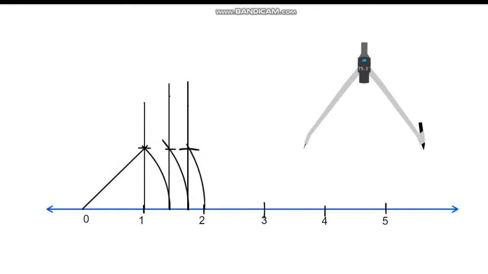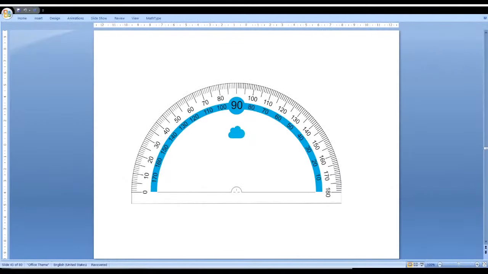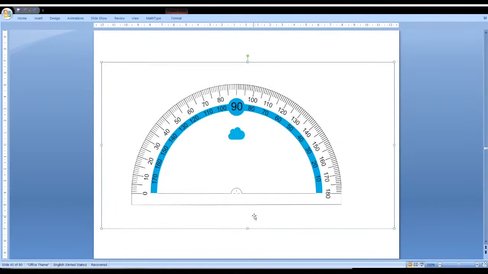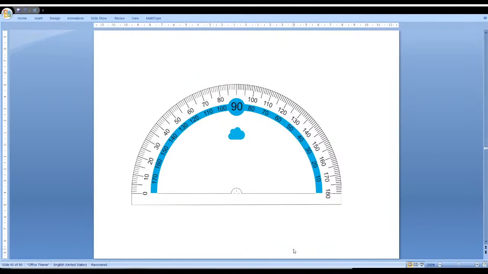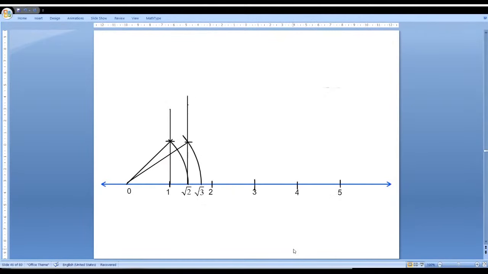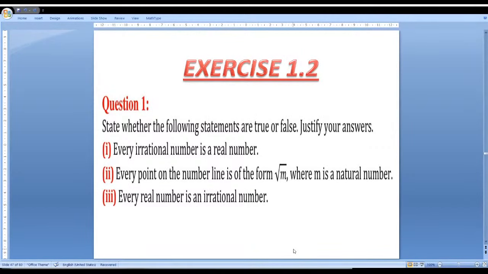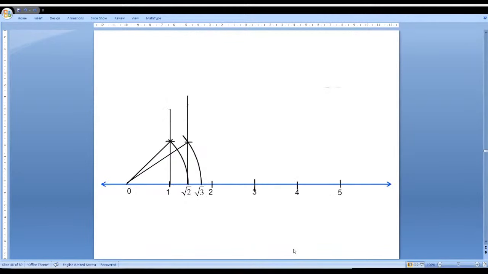Okay, so now you see that 1, then root 2, then root 3, and then root 4 is equal to 2.